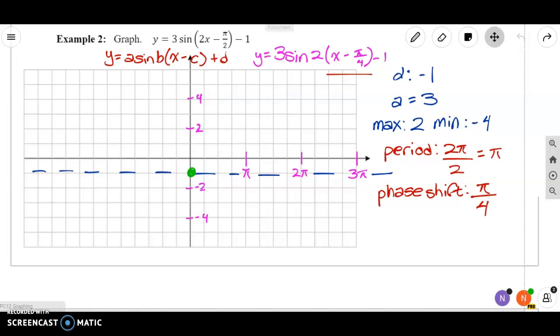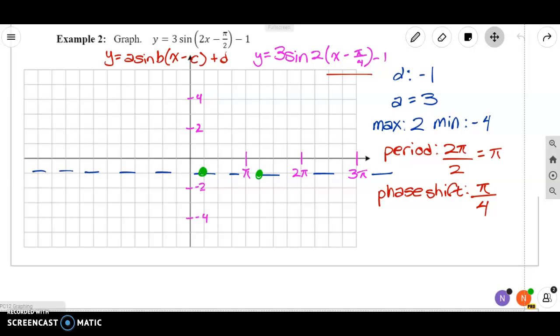So I'm still centered on the midline at -1, but I need to go pi over 4 to the right. So my point is actually going to be here, pi over 4. And that means when I go an entire period of pi, I should end up back at the same spot. So going an entire period of pi is 4 little lines. It's going to be over here. That's going to get me back to the middle.